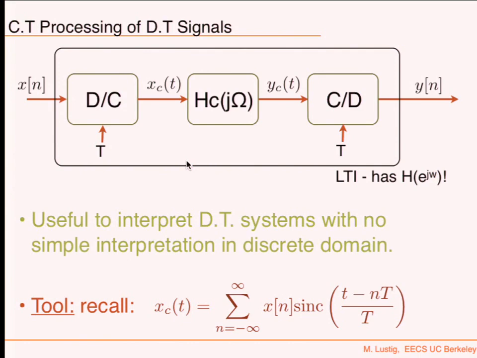The purpose of this is wholly to understand certain digital systems that it's hard to understand what they do in discrete time, but once we make the connection to a continuous time signal, we understand more of what is actually going on in those systems. So it's just a tool to understand and interpret particular digital systems.